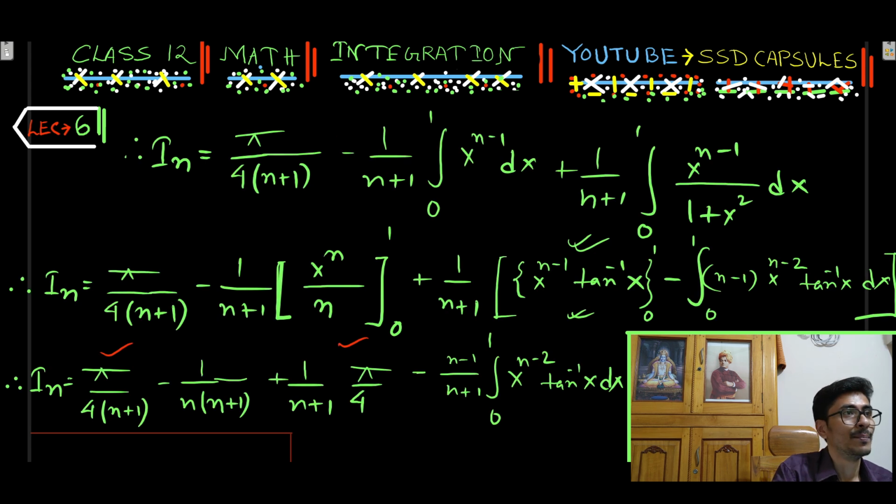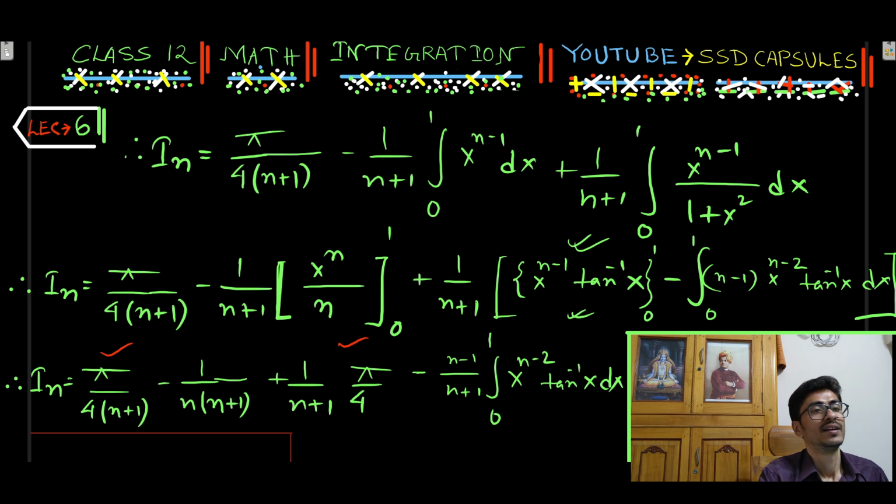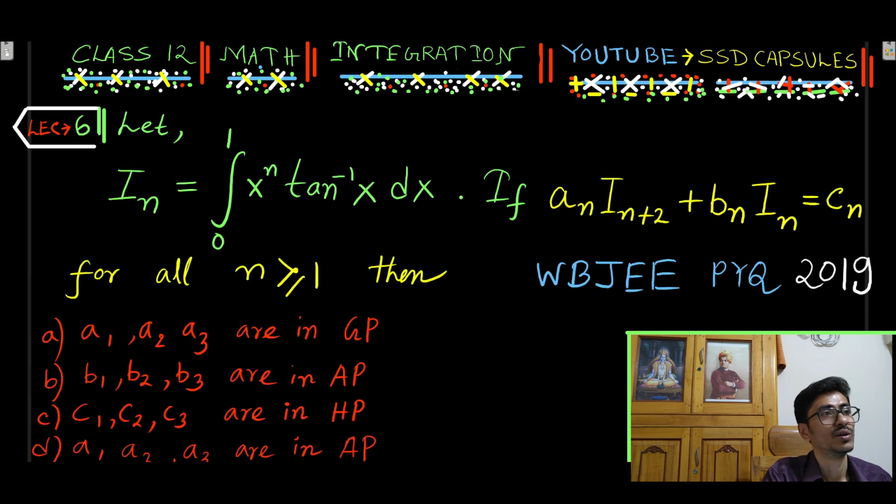Now the magic begins. Watch this term. It is nothing but I. I just removed the red marked area. Check whether it is I or not. I, where? See the question. I_n equals integral 0 to 1 x to the power n tan inverse x dx.